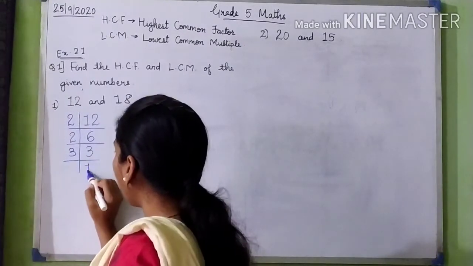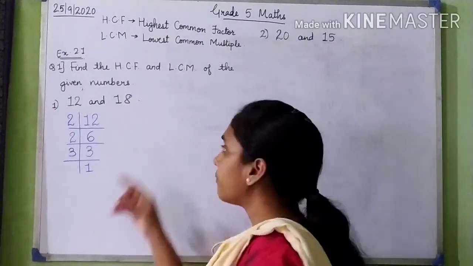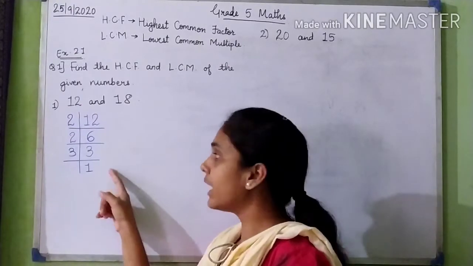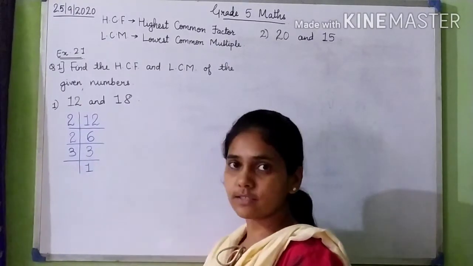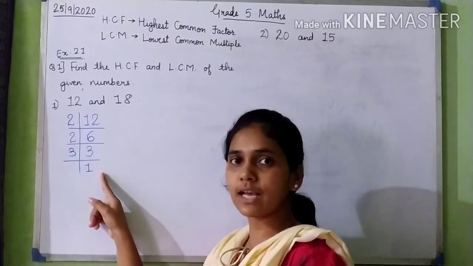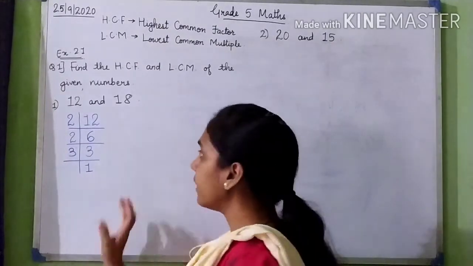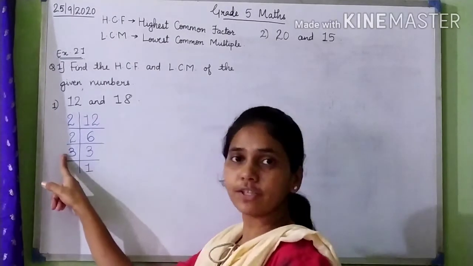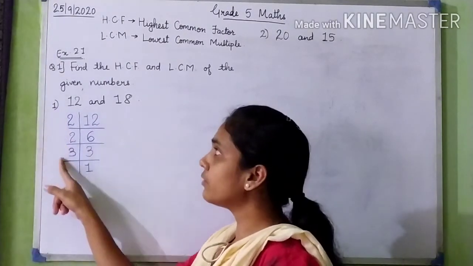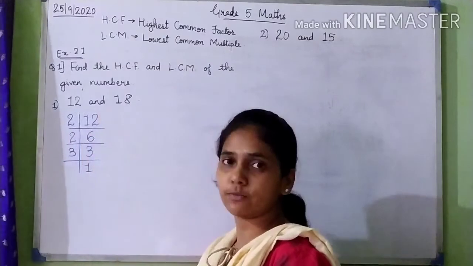So 3 into 1 will give us 3. We go on doing this until we get 1 as our last number. When we get a 1 in the last place, we stop there. All these numbers which we have got on the left hand side will be the factors of the given number 12.